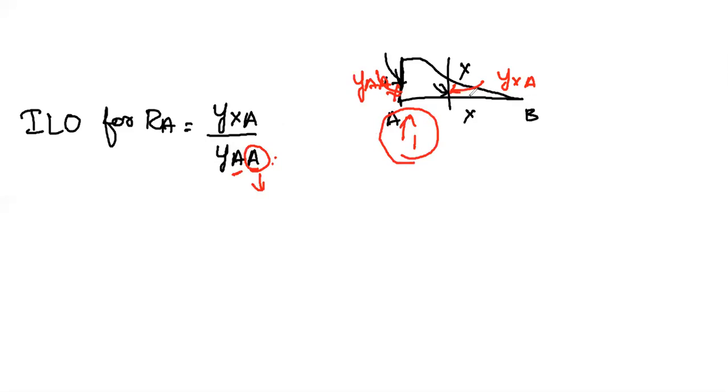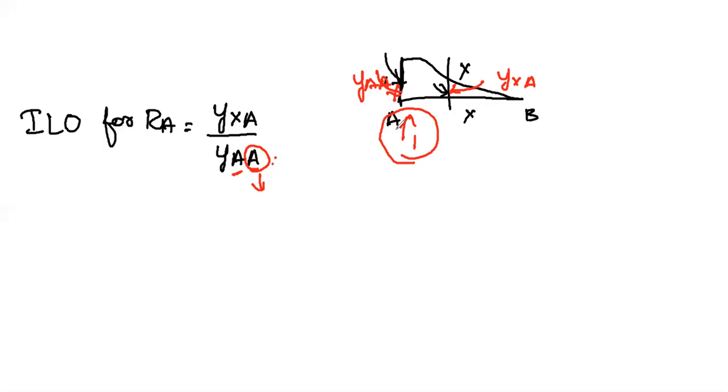In the numerator, what we have chosen is YXA, which means you are finding the deflection at the point X due to the unit load applied at the point A. In the denominator, you are finding the deflection at the point A due to the unit load applied at the same point A. This is the influence line ordinate for RA. So up to this, the application of the Muller-Breslau principle is over. We have found how to find the influence line ordinate using the Muller-Breslau principle.